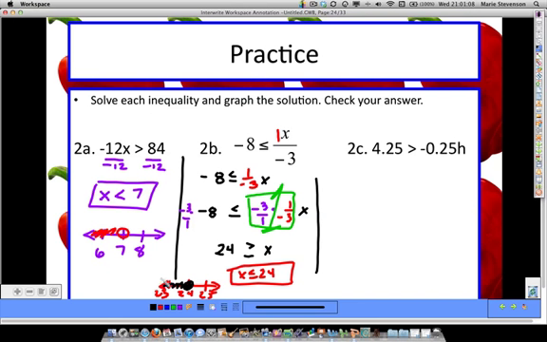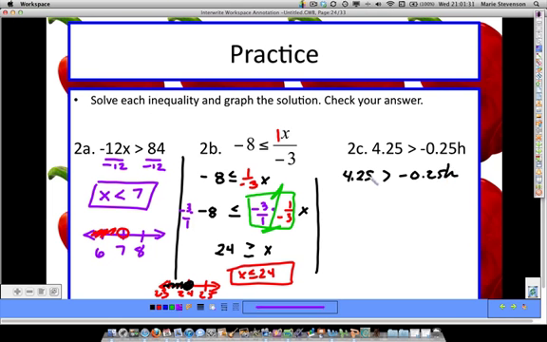Alright, decimal time. Now, if you don't mind dividing by decimals, you can leave it this way. If you don't like to divide by decimals, then you can multiply this by 100 and you can clear it. So let's actually go ahead and just clear the decimals here. So we can just do the basic division.